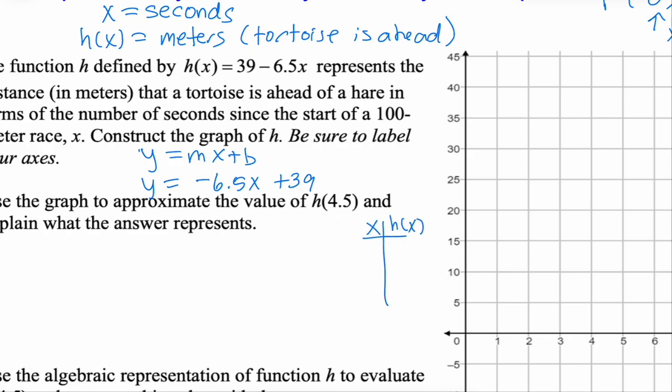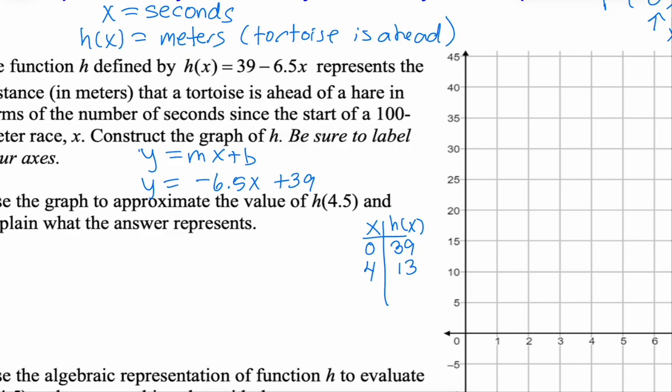Because it's a linear function, we can graph it as long as we have 2 points. So if we plug in 0, that is 39. Because of that 6.5, let's use something even. Let's plug in 4. 2, 4, 6, anything even. If we plug in 4 into our function, negative 6.5 times 4 plus 39, we get 13.